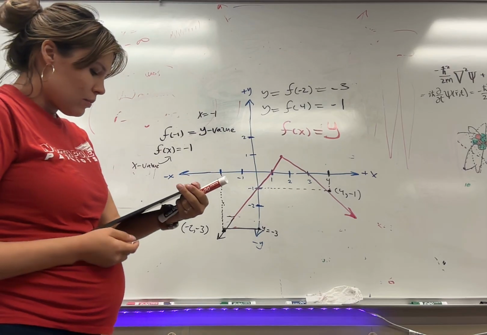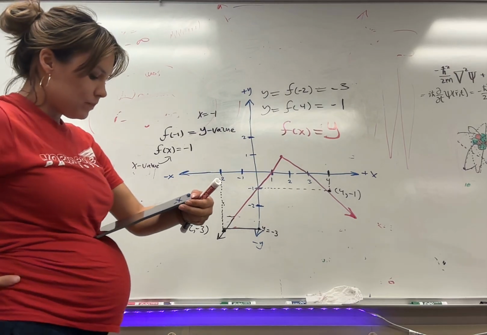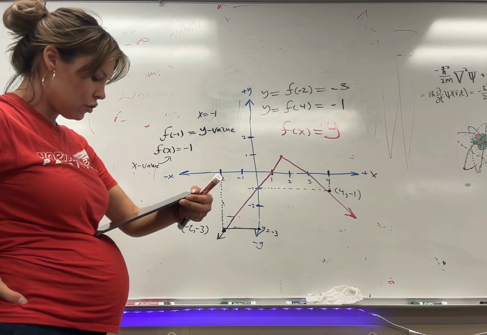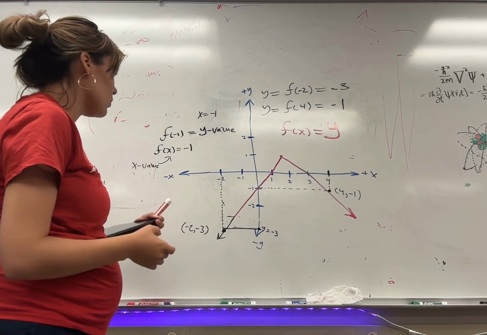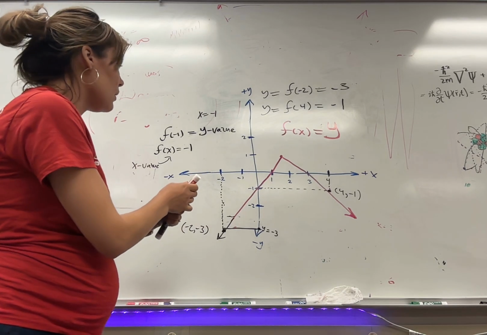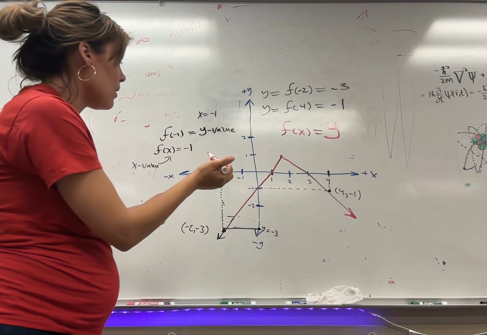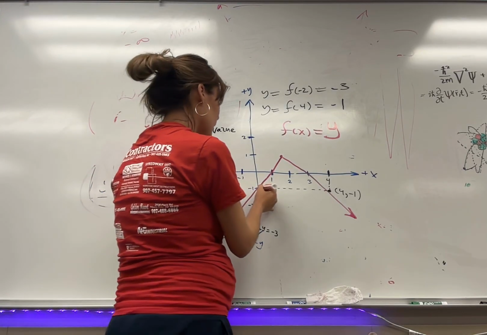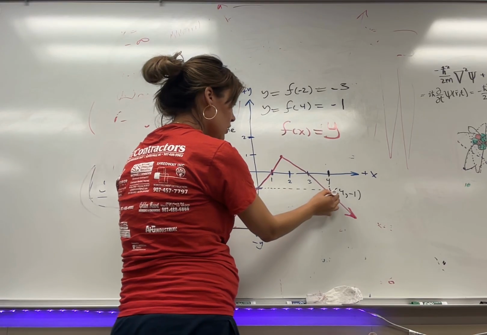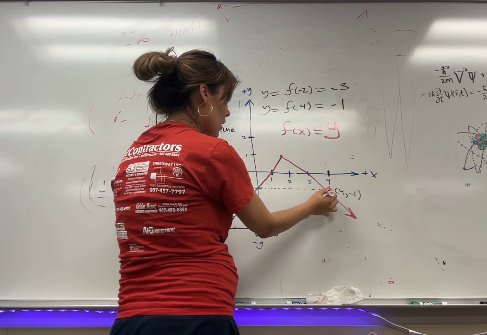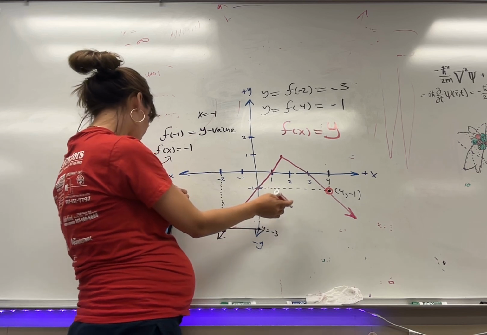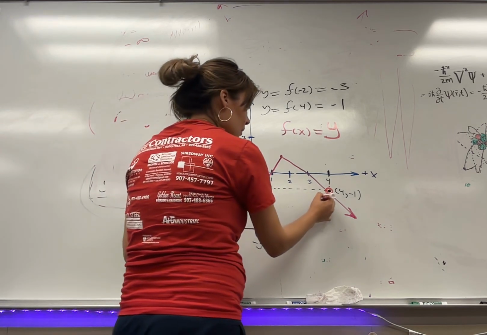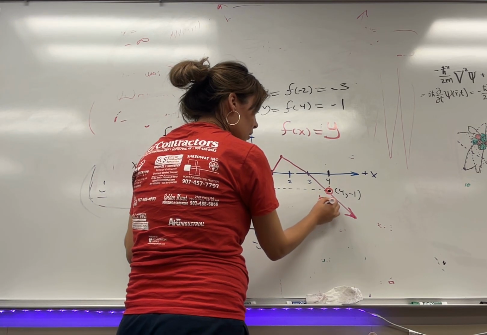Now, in the next part, you're asked to determine all values x for which f of x equals negative 1. So we have f of x, our function, has a y value equal to negative 1 at x equals 4.